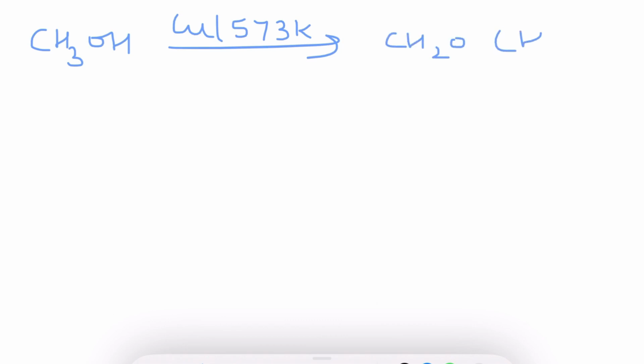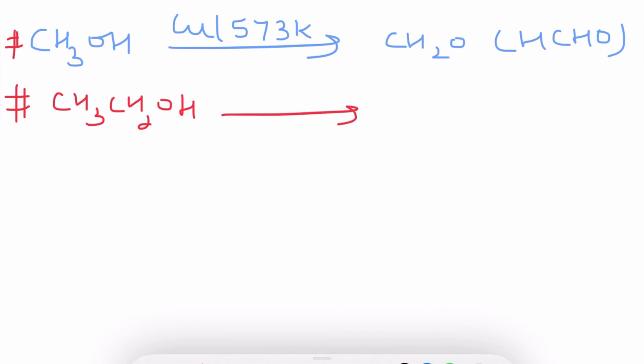CH2O is the methanal part. Next, I'm taking CH3CH2OH, which undergoes dehydrogenation. As it is a primary alcohol, this also results in the formation of aldehyde.